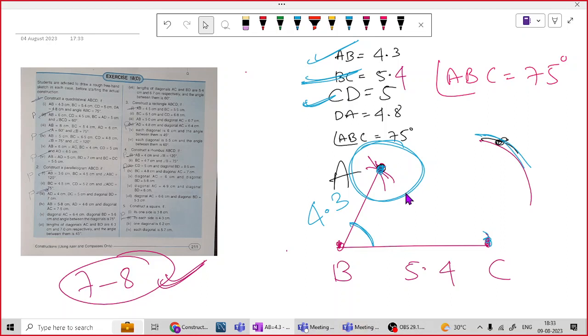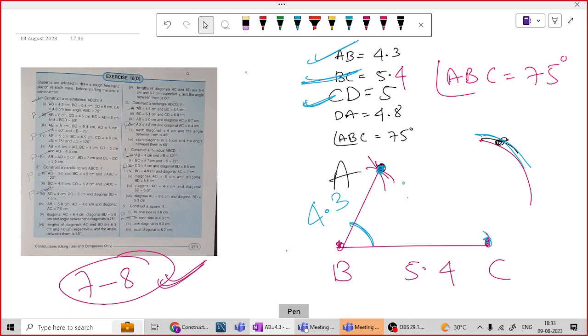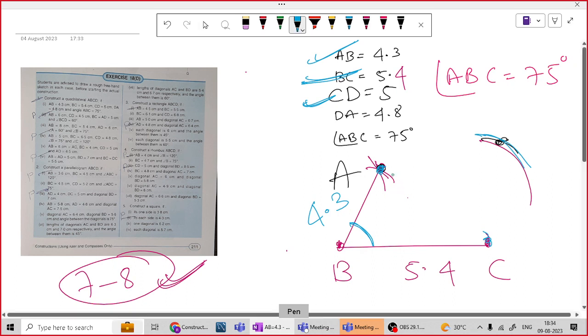Sir, I've marked it, sir. Okay, we know where point A is. Then you have to take what is DA.